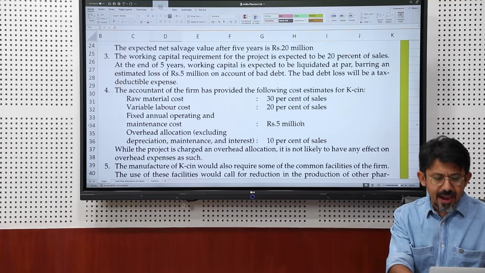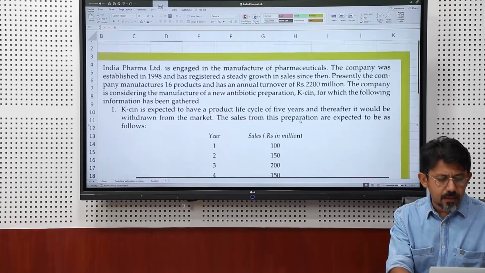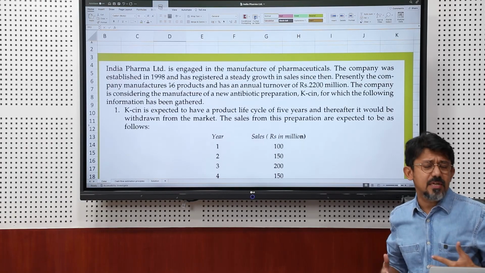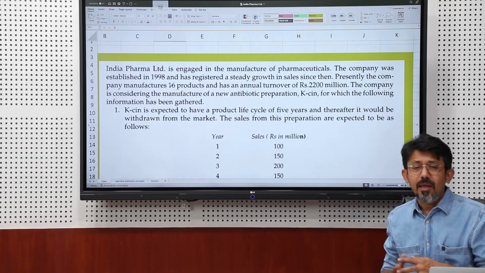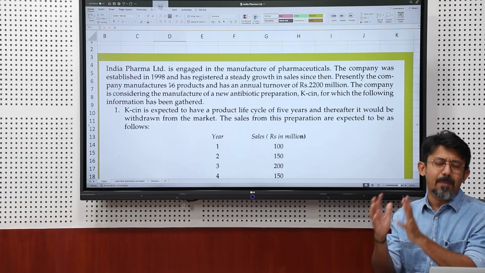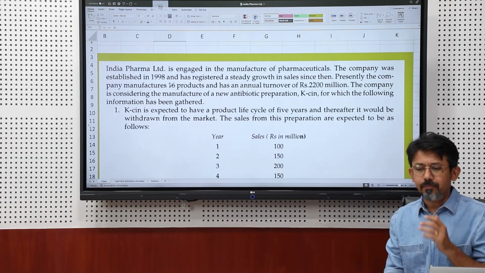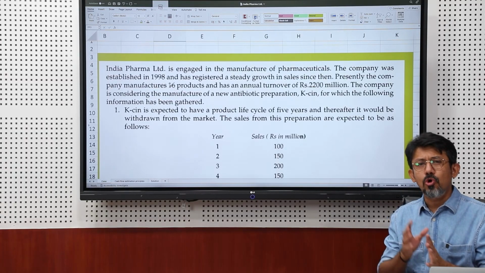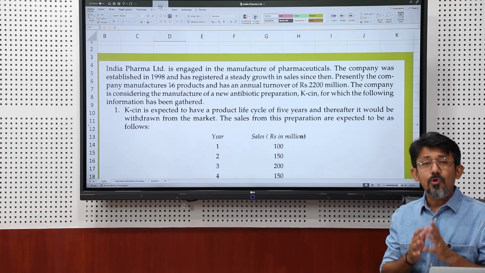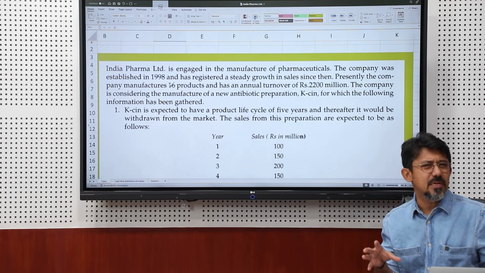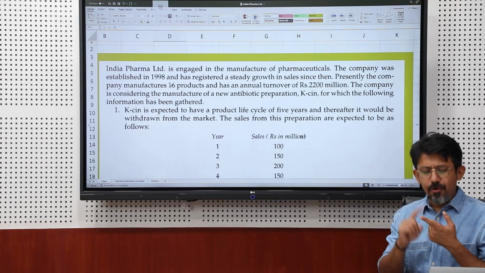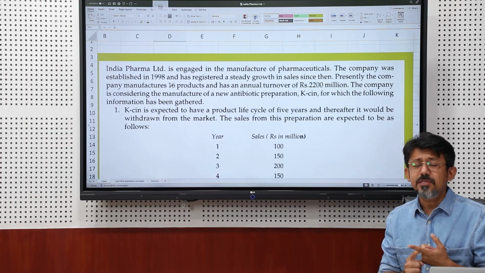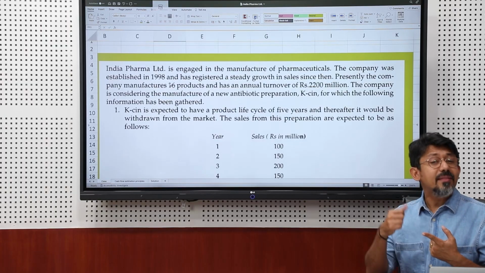So, the first paragraph says that the company manufactures 16 products. So, for these 16 products plus the new one, there is a rent expenditure that you incur. Now, obviously, when you sell these products, you resort to cost plus pricing. So, you want to find out the cost of all of these 16 products, which consists of their raw material cost, their labor cost, but it also considers indirect costs like the rent cost.